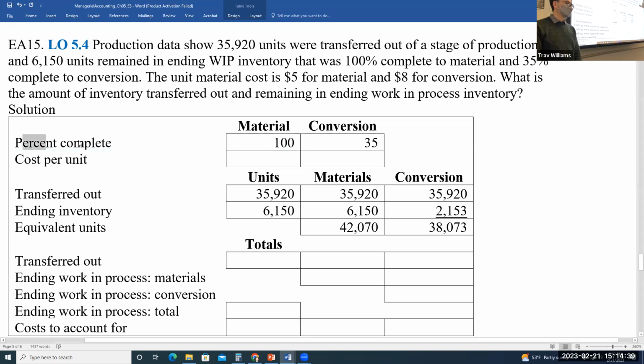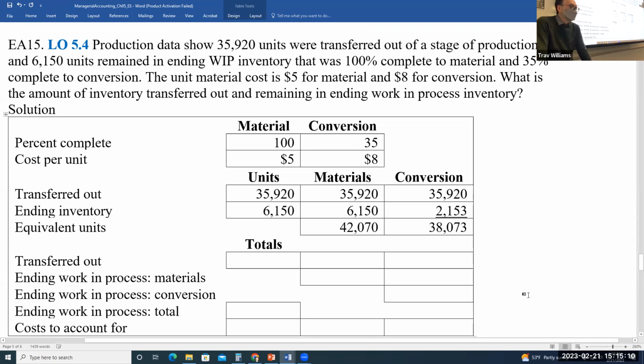So since this is percent complete, I just filled in those numbers. Cost per unit, we'd have to calculate. In fact, we could do that. Actually, they gave it to us. They told us $5 for materials and $8 for conversion. If they'd given us the totals, then we'd have to divide by the number of units to get the per unit cost, but they just gave it to us.